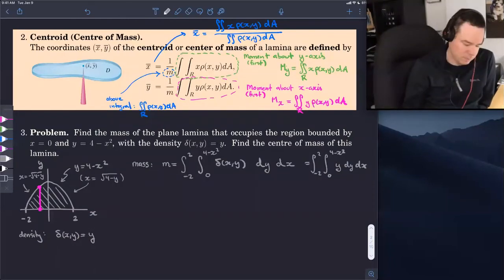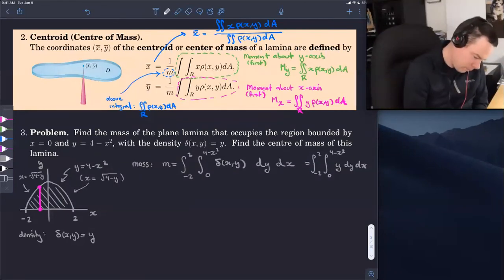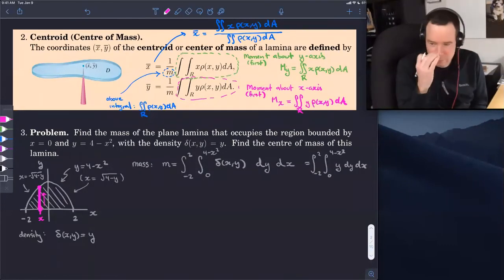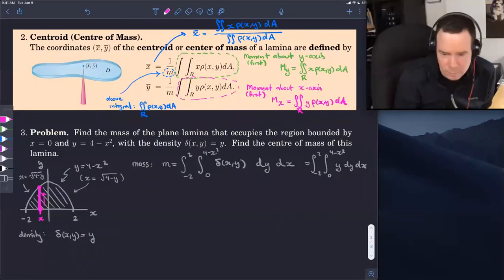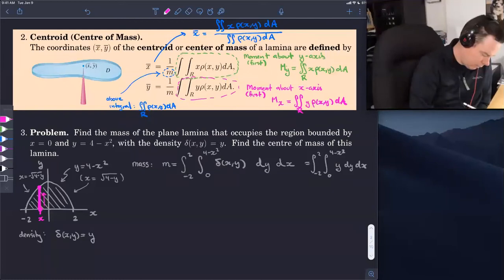Is it supposed to be x equals 0 or y equals 0? Here's the y-axis, right? Yeah, so we're thinking about this particular pink line here. The question says the region is bounded by x equals 0. Oh, sorry, I see what you're saying now.